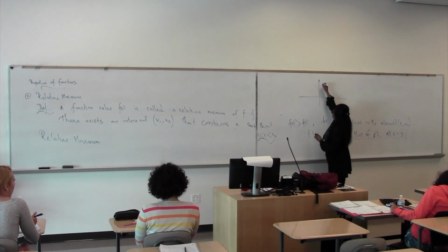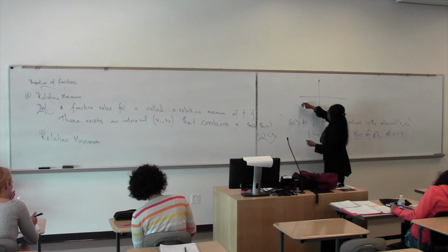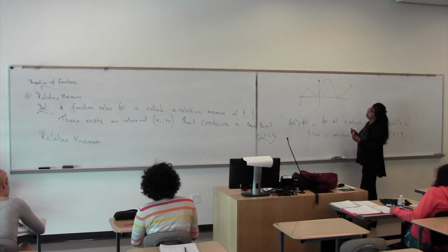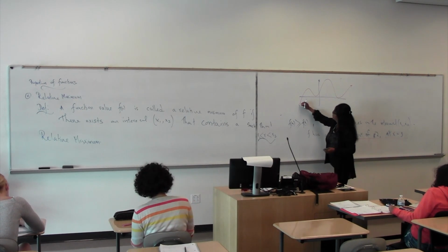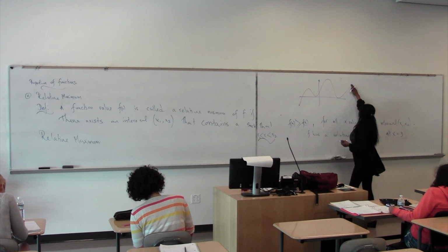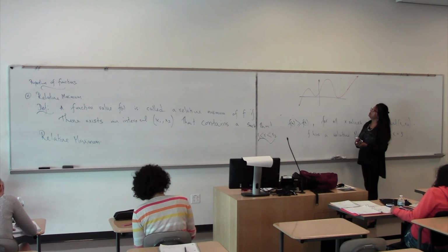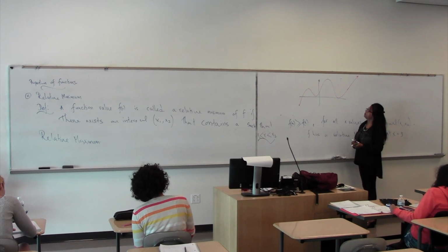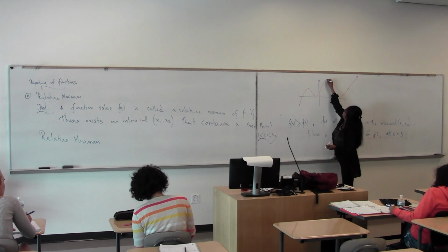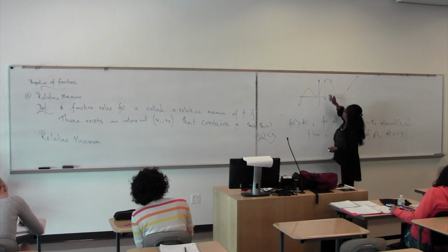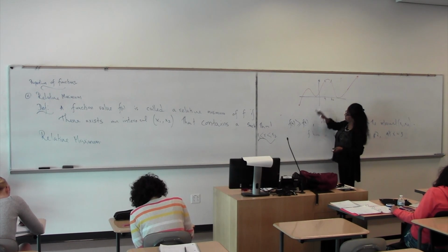So when we have a graph like this, this graph can go all the way, there are bigger values. But if you take an interval here, within this interval, we are going to call this x1 and this x2.